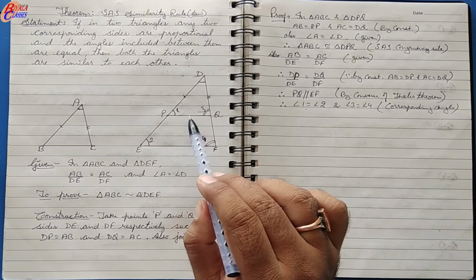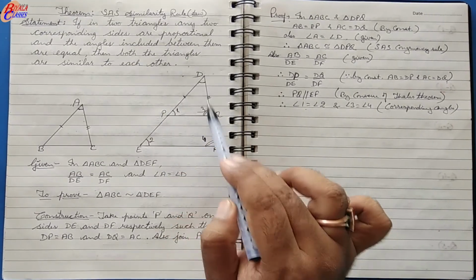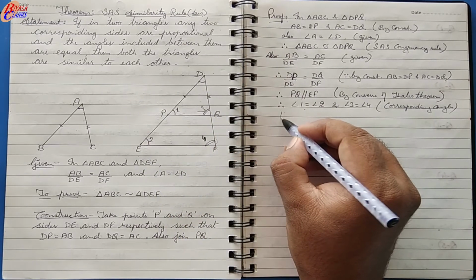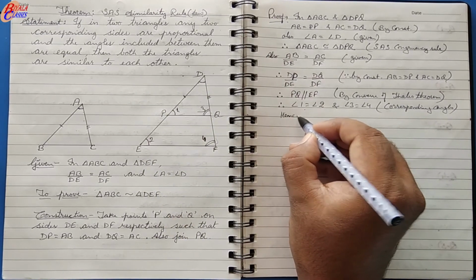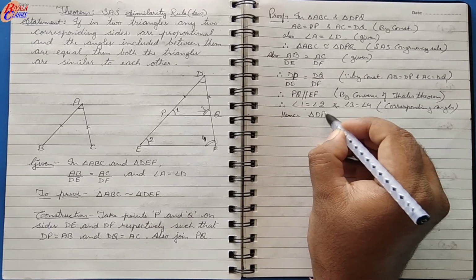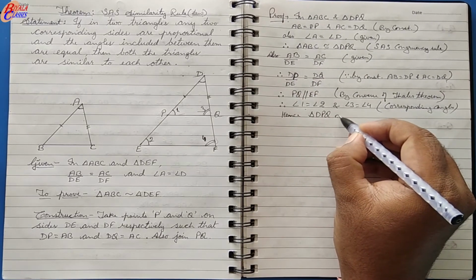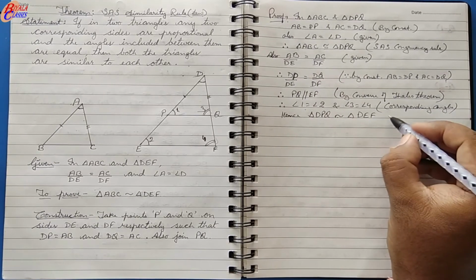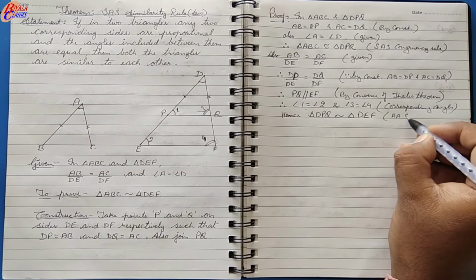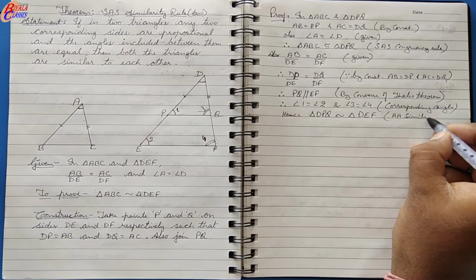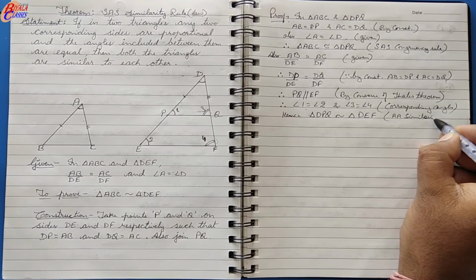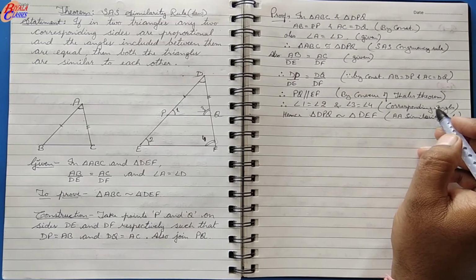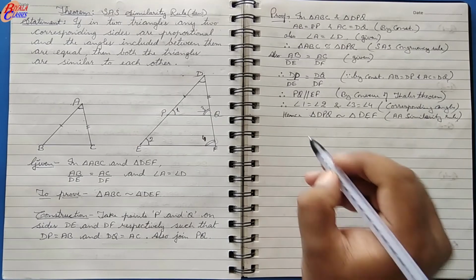So we have that angle 1 equals angle 2 and angle 3 equals angle 4. Now if these angles are equal, what about these two triangles, DPQ and DEF? Triangle DPQ is similar to triangle DEF. This is by AA similarity. So by AA similarity, the triangles are similar to each other.